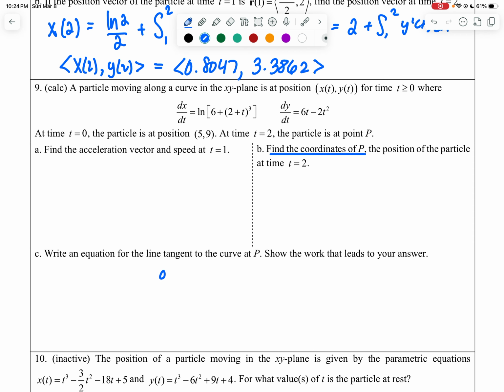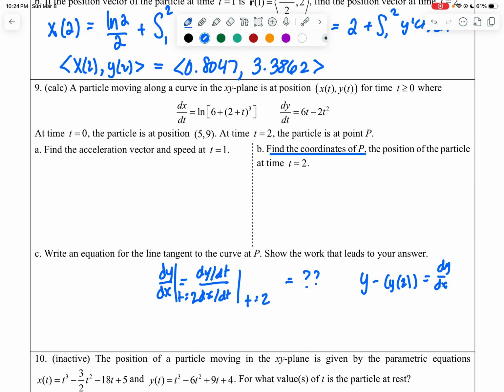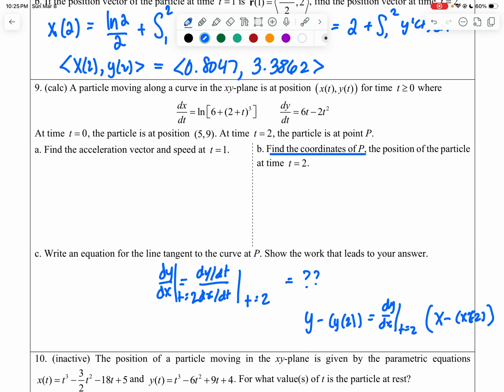But you would do dy dx is equal to dy dt over dx dt for t is equal to 2. And then you would do y minus y2 is equal to dy dx at time t is equal to 2, times x minus x2, figuring out what x2 is and what y2 is based off of part B, which I'm not going to do, but you guys can look in the student on Twitter, obviously.